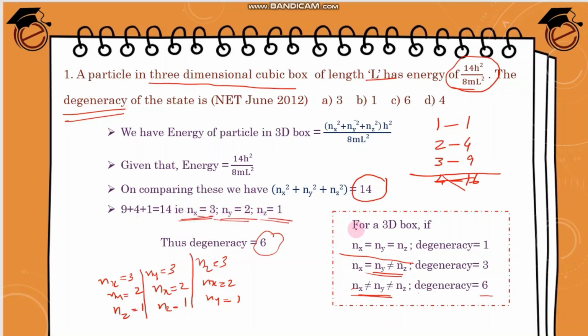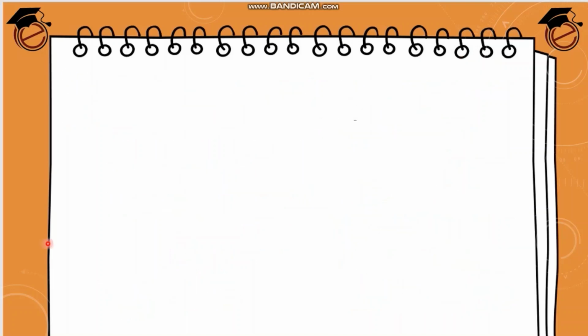Then for a three-dimensional box, if all values are the same, the degeneracy will be 1. If at least one value is different, degeneracy will be 3. If all values are different, degeneracy will be 6. Here all three levels are different, so degeneracy will be 6. So our right answer is option C, 6.